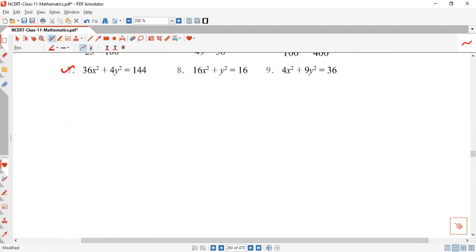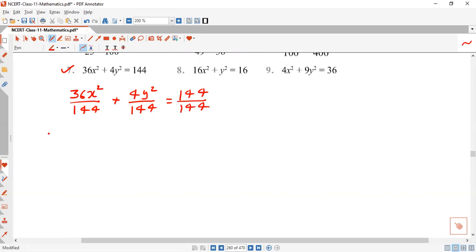So in this question number 7, you see this one is not the standard form. Divide the whole equation by 144. So we are getting 36x square divided by 144 plus 4y square divided by 144 equal to 144 divided by 144.